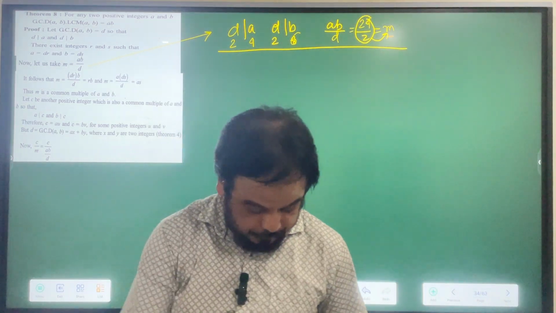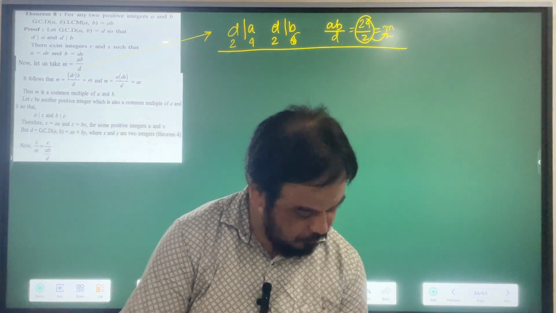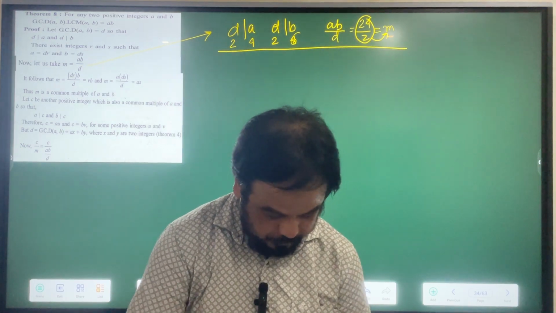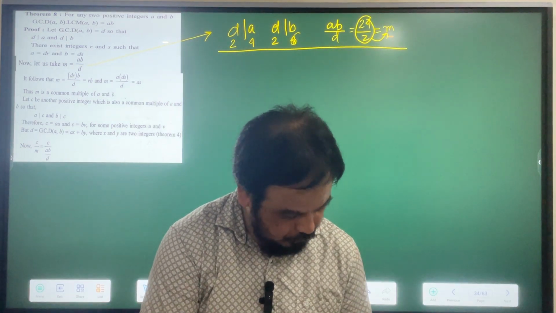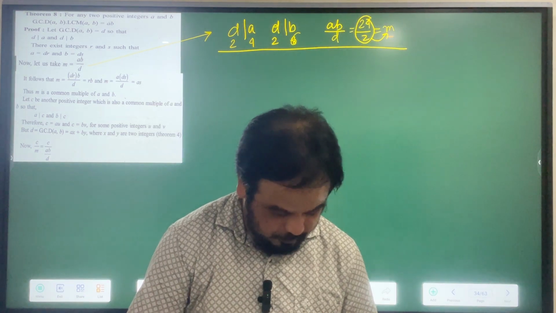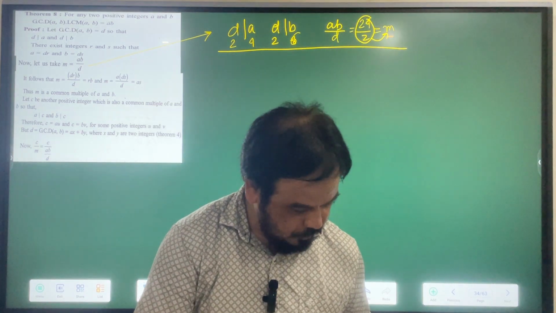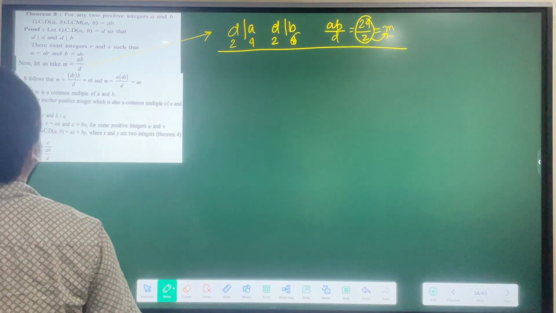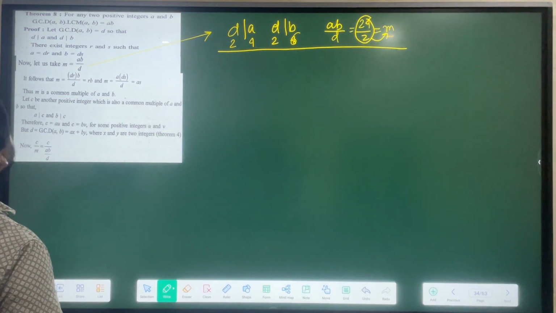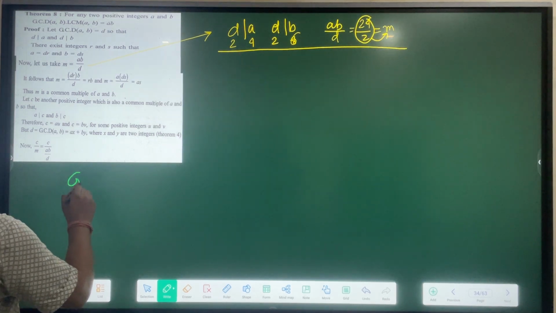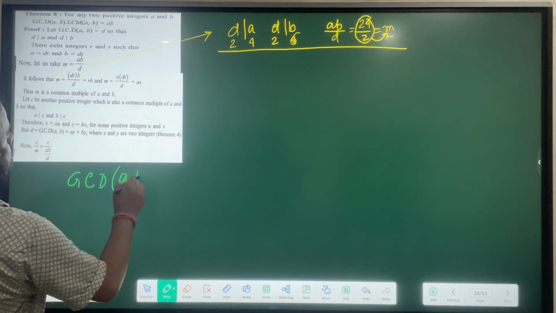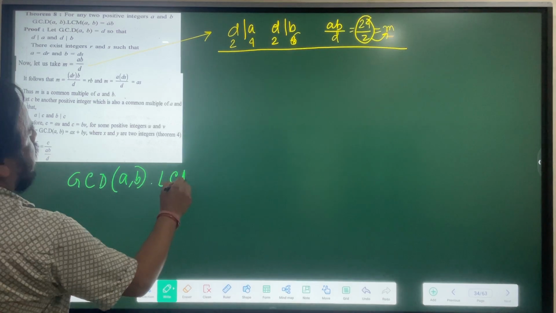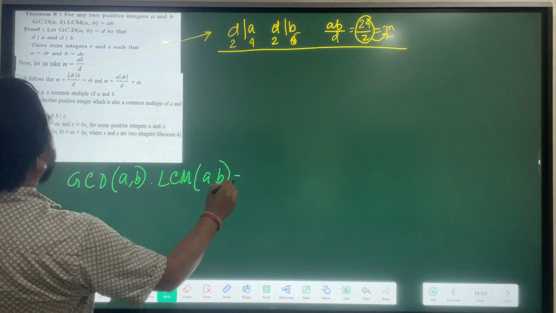Theorem number 8. For any two positive integers a and b, GCD of AB into LCM of AB is equal to AB.